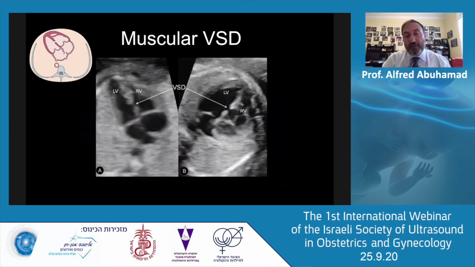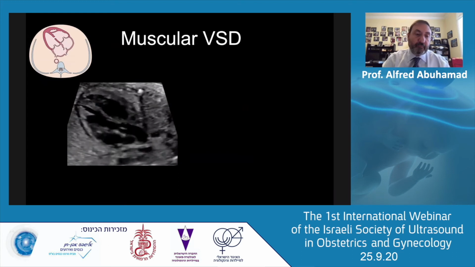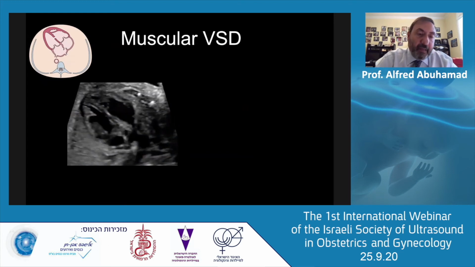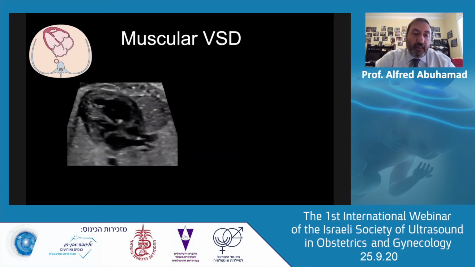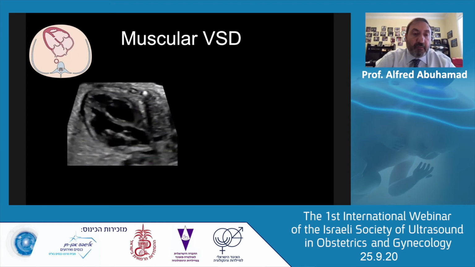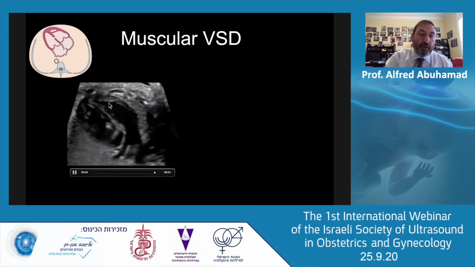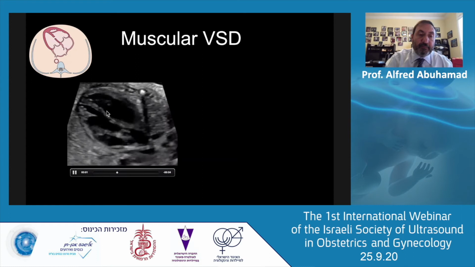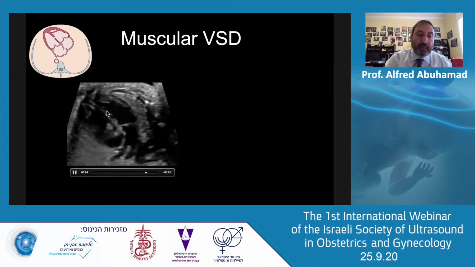Classic muscular ventricular septal defects, as you see right here, you see the echo enhancement on this side here. Color grayscale may not be very helpful in the evaluation of the septum. You have to be as perpendicular as you can into the septum. That increases your ability to see VSDs.